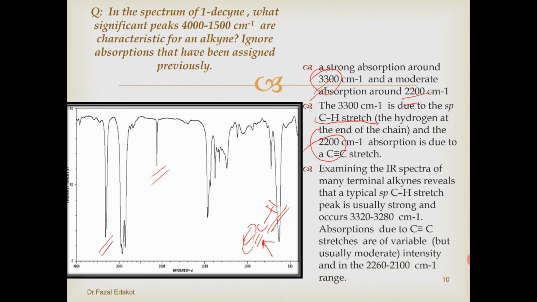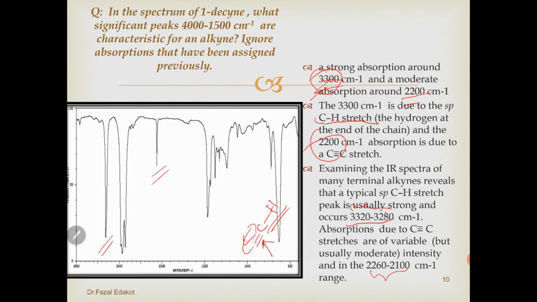Examining the IR spectra of many terminal alkynes reveals that the typical sp C-H stretch peak is usually strong and occurs at 3320 to 3280. So you got a range. Here you got 3300 and this is generalized. So if there is an sp C-H bond, you can see a peak somewhere in between this range. The absorption due to C≡C stretches is of variable but usually moderate intensity and occurs in 2260 to 2100.